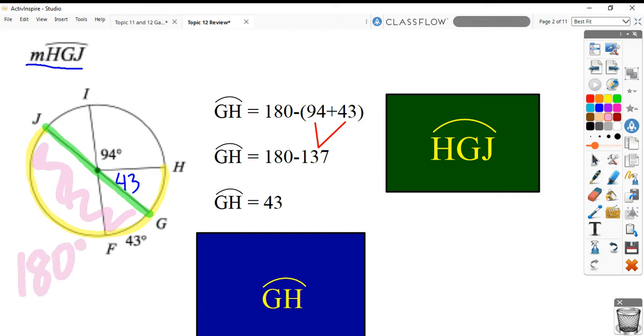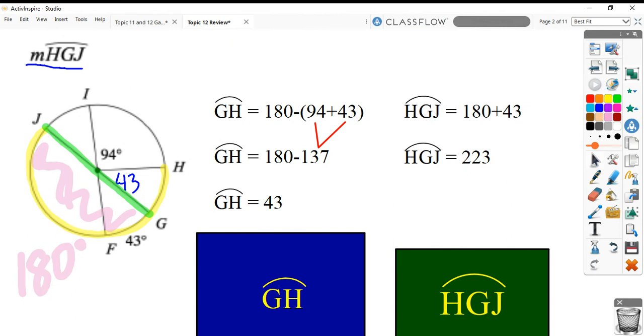So really, when we look at our yellow arc, the answer we're trying to get, the measure of arc HGJ, all we're really doing is adding 180 plus this missing piece that we found. 180 plus 43 gives us our answer, 223 degrees.